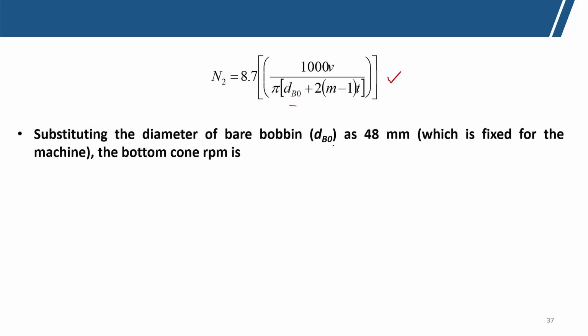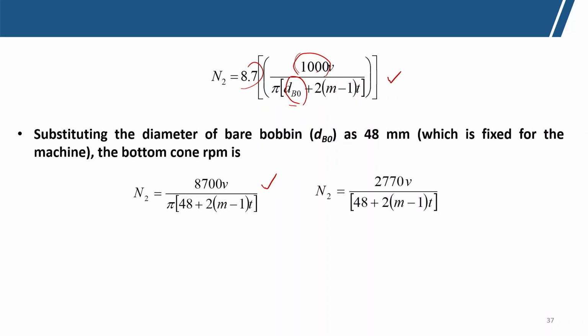So, we have seen the bare bobbin diameter was 48, which is fixed in the machine, and then the bottom cone RPM will be 8700 V by pi, 48 plus 2 m minus 1 T. Here 8.7 into 1000 gives 8700. And this is N2, and if we divide by pi, this value will be 2770 V by this.